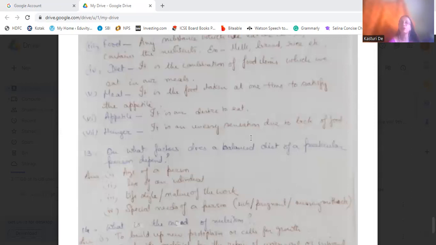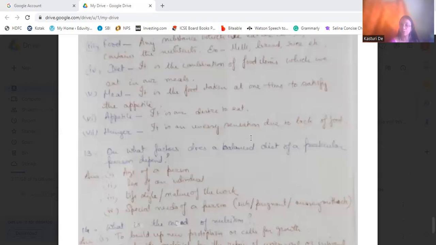And a person who is working in AC in one place needs less fat, less energy, because he or she is working in one place inside an AC room. So the diet also depends on the lifestyle and the nature of the work.